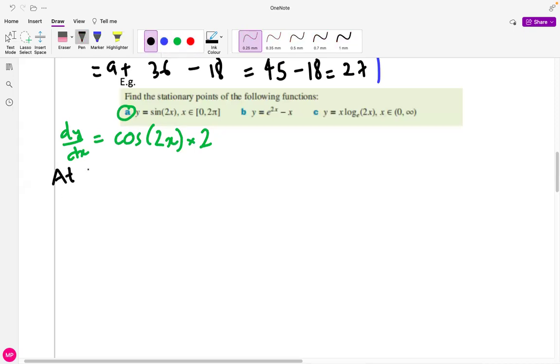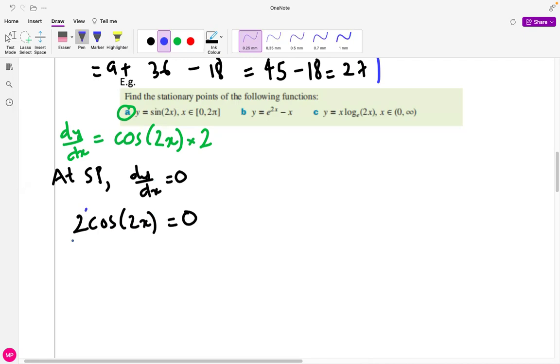So at a stationary point, the derivative equals 0. So I have cos of 2x times 2, maybe put the 2 at the front, let that equal 0. Then to solve for x, I divide by 2, and 0 divided by 2 still gives me 0, so I don't need the number 2 here.